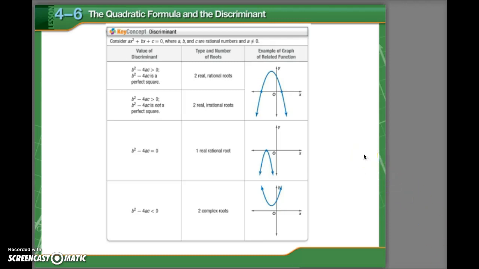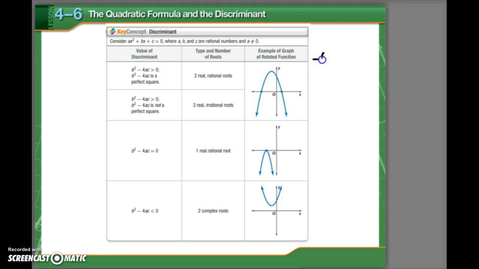Okay, I know this is a little bit small, but this is a key concept about something called the discriminant. When we have the quadratic formula, I'm going to try to write that as quick as I possibly can. I'm definitely going to run out of space though because I can't write small enough.